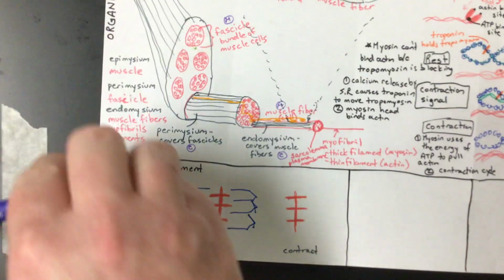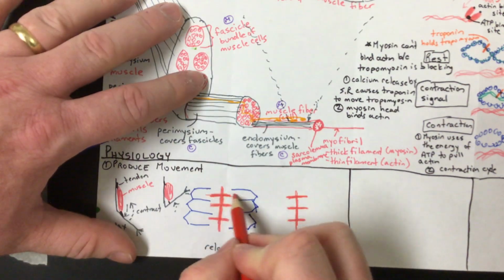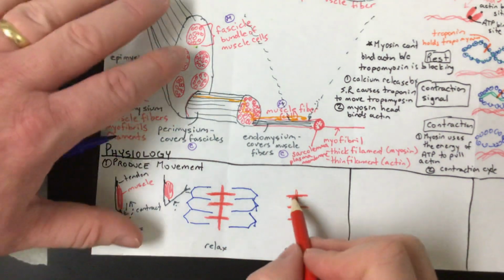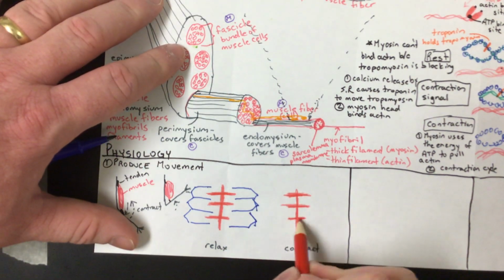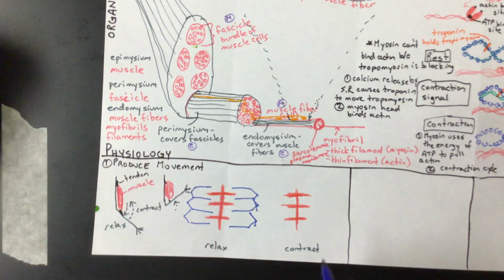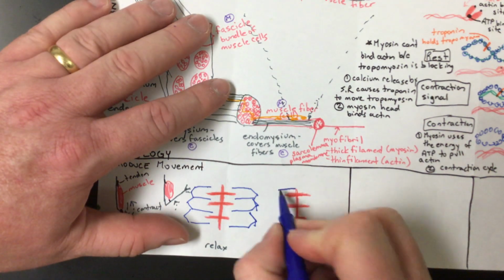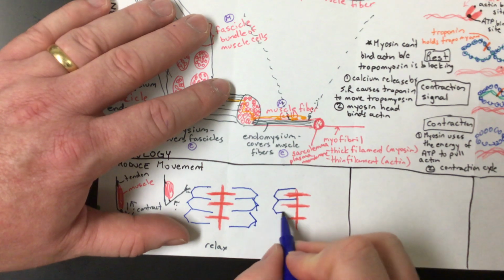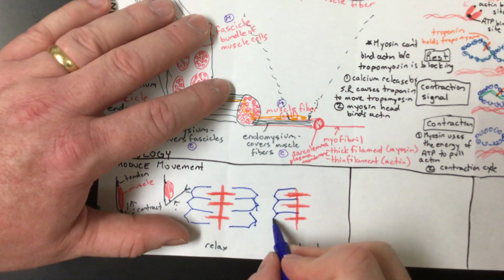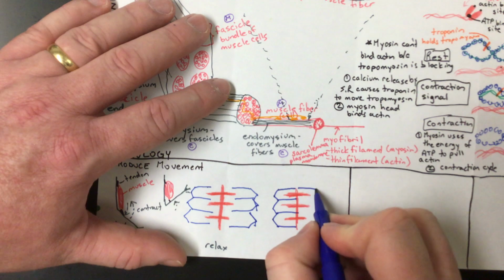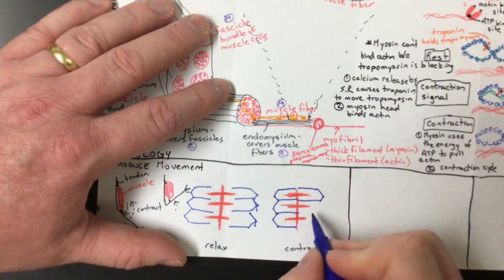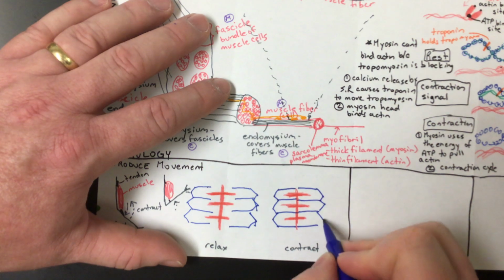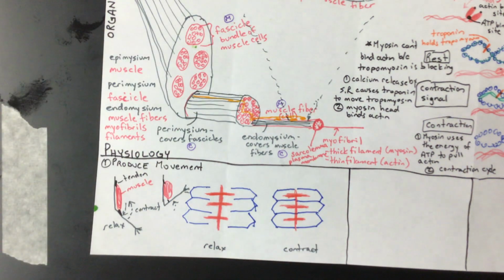If I can draw today. And when these thick filaments pull on the thin filaments, how we get the muscle shortening is that now the thin filaments are pulled all the way in to kind of like this midline right here. But the length of the thick filaments and thin filaments doesn't change.